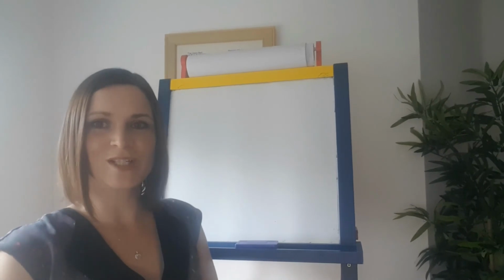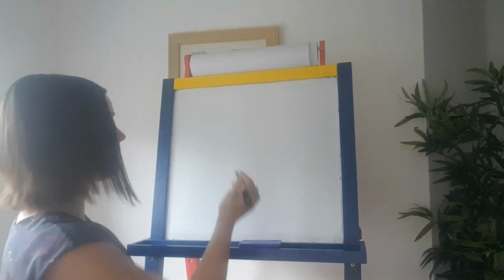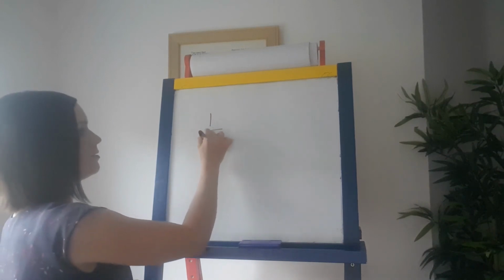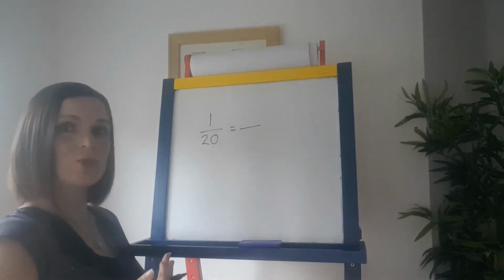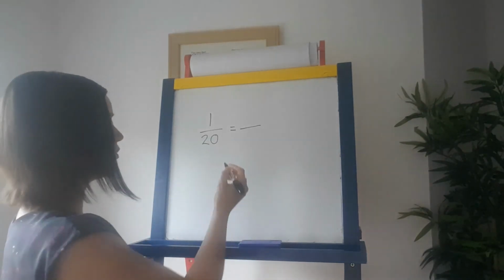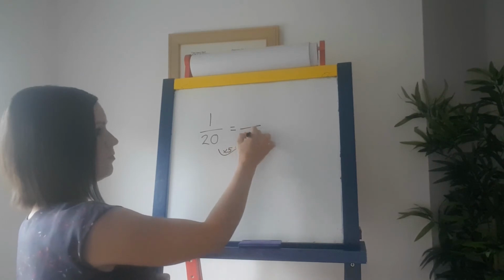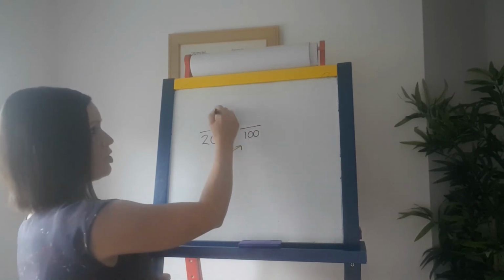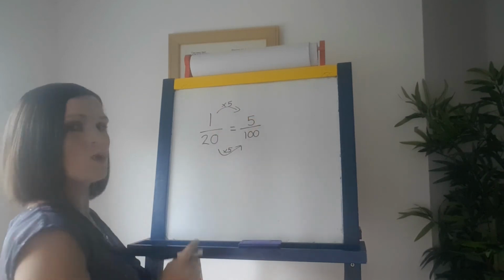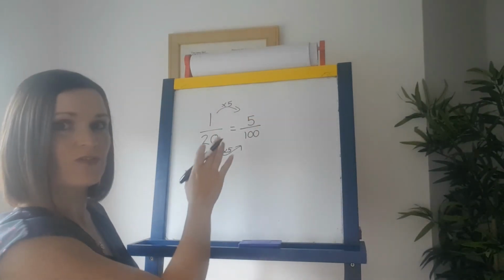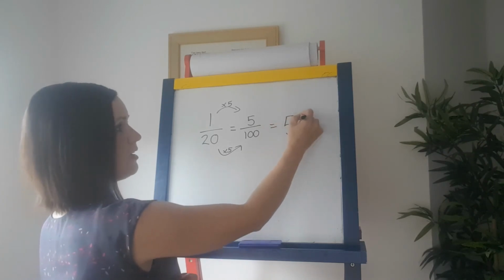The last fractions I'm going to look at here are 20ths. So let's look at what 1/20th is. To get 20 to 100, to make 20 100, you've got to multiply it by 5. So you do the same to the top. 1 times 5 is 5. So 1/20th is equivalent to 5 hundredths, which as a percentage is 5%.